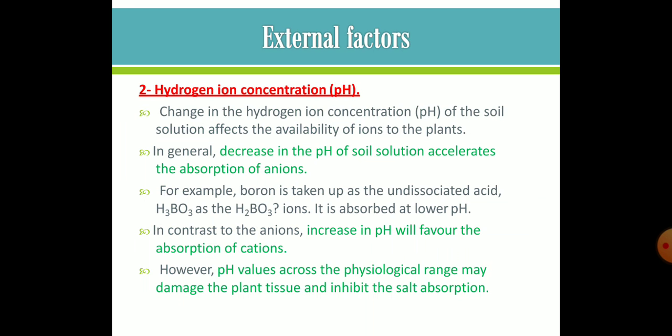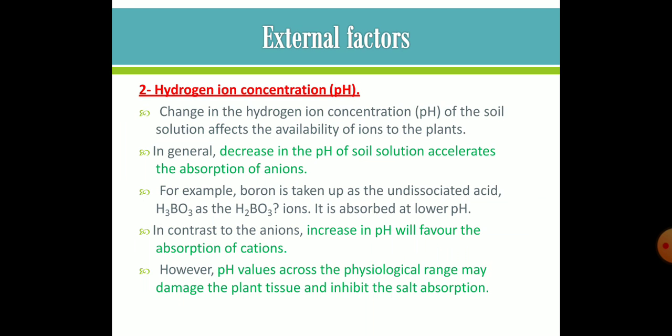The second one is pH, that is, the hydrogen ion concentration. A change in the hydrogen ion concentration of the soil solution affects the availability of the ions to the plant. In general, a decrease in the pH of the soil solution accelerates the absorption of anions. For example, boron is taken up as undissociated acid, as H2BO3, which is absorbed at lower pH.